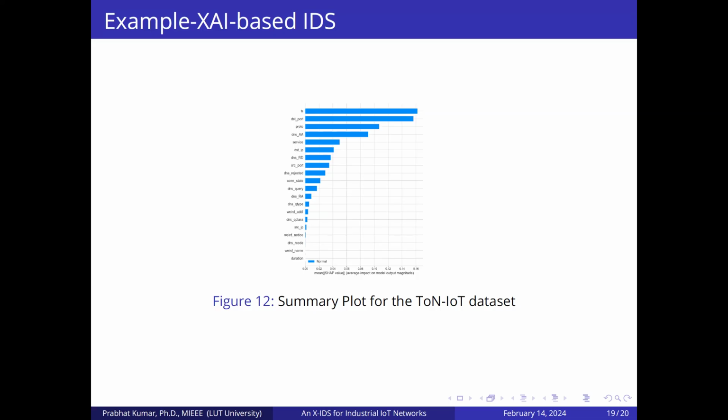Based on that, your security analyst can analyze the packets being transferred from source to destination. So this is how you can analyze the impact of your model based on some features. Now we know which features have contributed more in understanding these patterns.